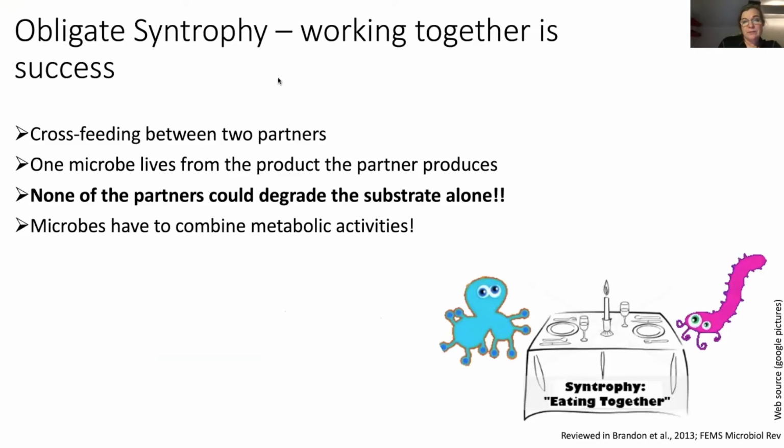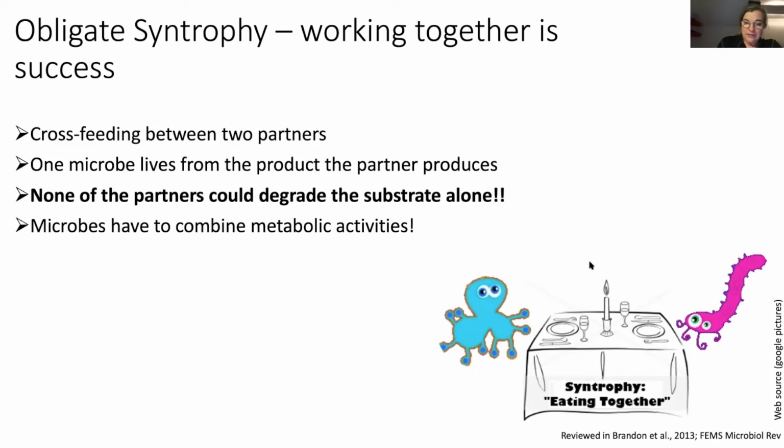Syntrophy, translated, means working together or eating together. It is a cross-feeding between two partners. Here, an example, two nice partners. The point is that one organism is degrading a substrate and the other is using the products.